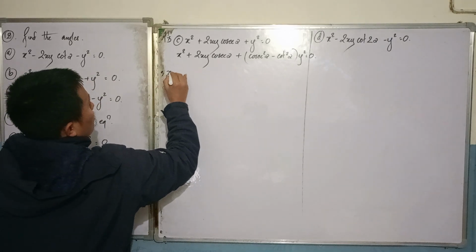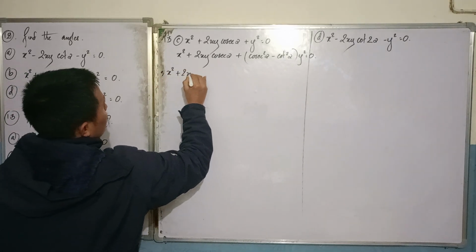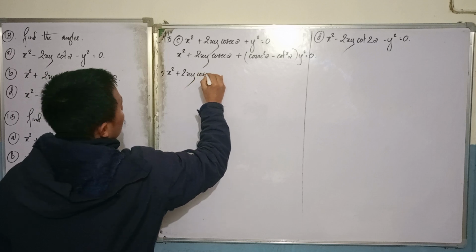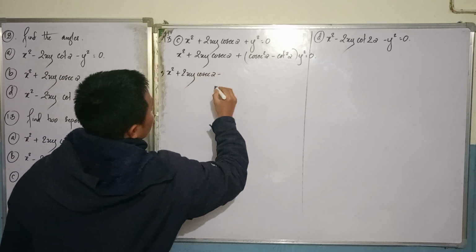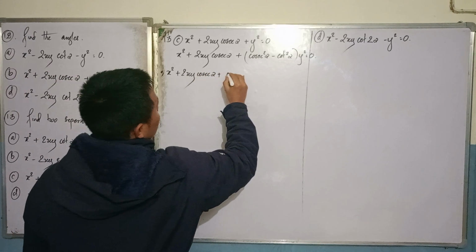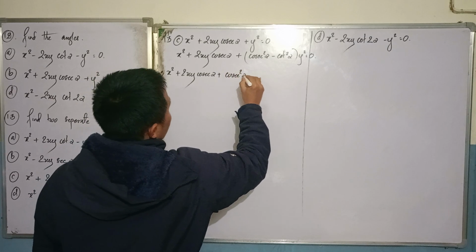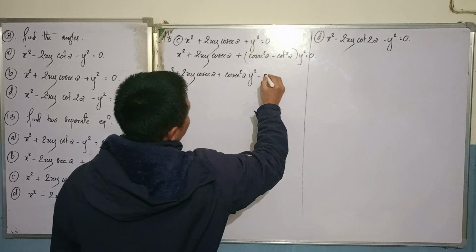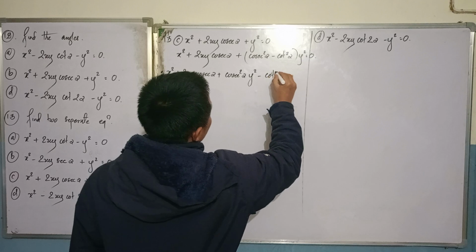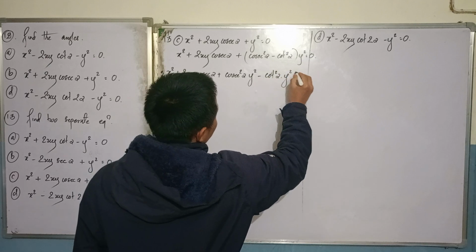or x square plus 2xy cosec alpha plus cosec square alpha y square minus cot square alpha y square.